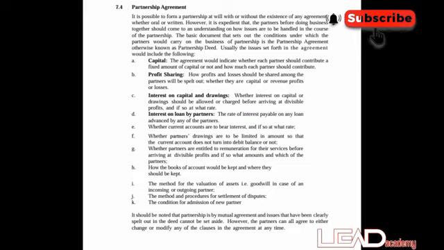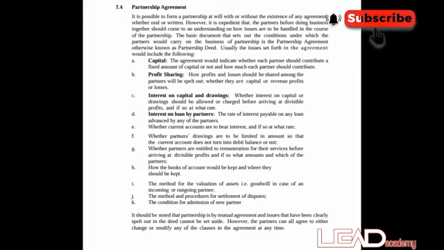Now we have the method of valuation of assets. What method are we using to value these assets, whether fixed assets, tangible or intangible assets? Now we have a method and procedure of settlement of debt. In a case where there is a conflict, how do we settle debt? Is it by court, or by negotiation, or any other way of settling debt among partners?